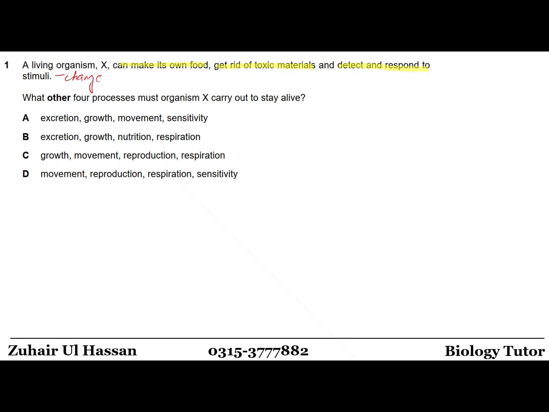Can make its own food is nutrition. Get rid of toxic materials, it is excretion. Detect and respond to the stimuli, this is sensitivity. So three characteristics we are provided with in the statement, and we have to find out what other four characteristics must be shown by the organism X. To find out the other four characteristics, we connect with the keyword Mrs. Gren.